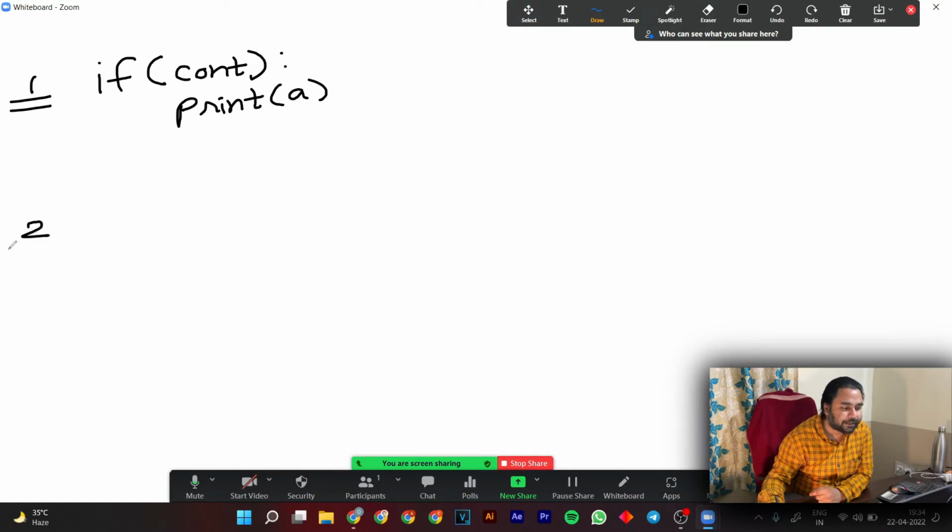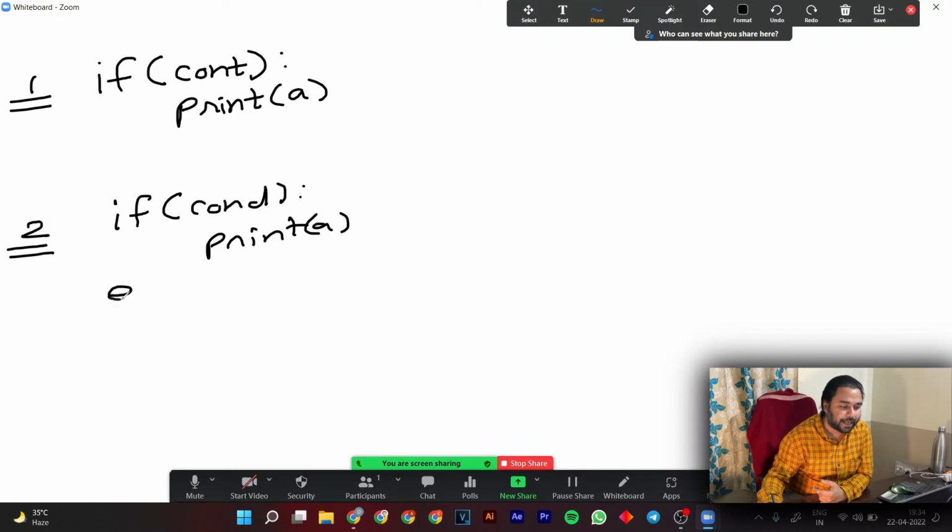The second category is your if else. In if else, what is happening? We have two paths. One path is for the true side and the other path is for the false side. If I write if condition, then say print A, and else, then print B. So this is if else.